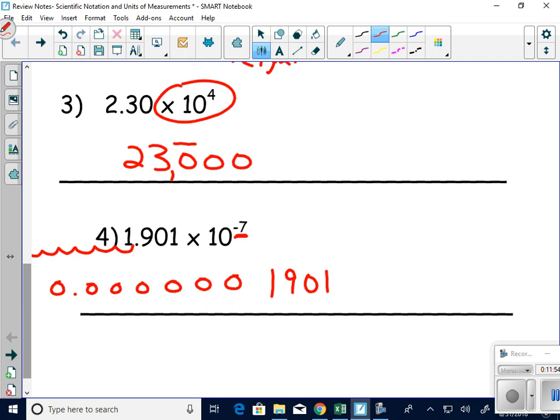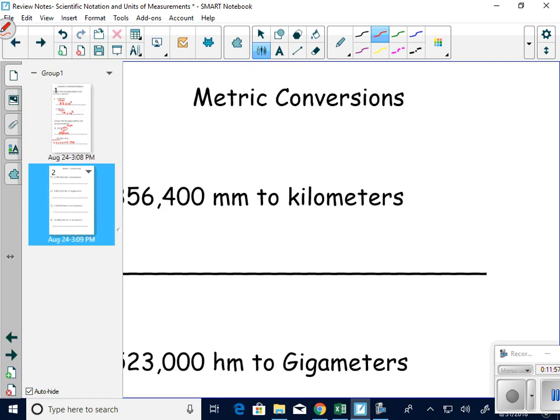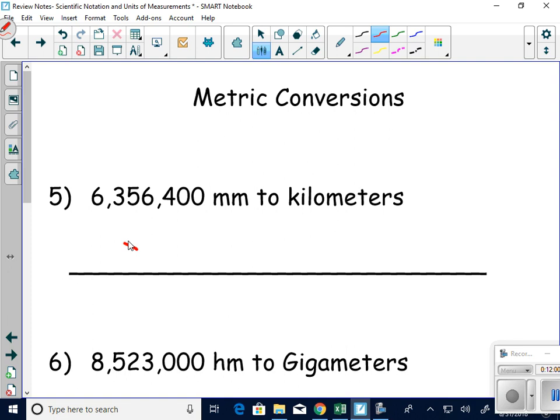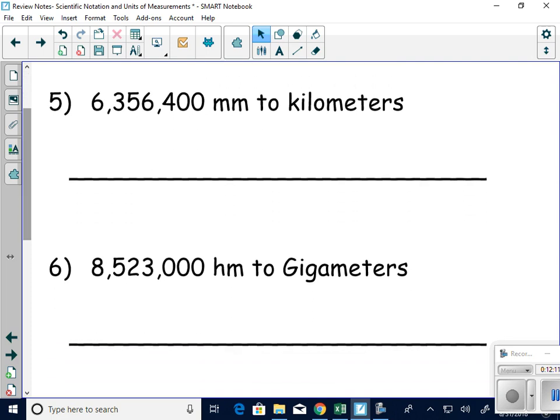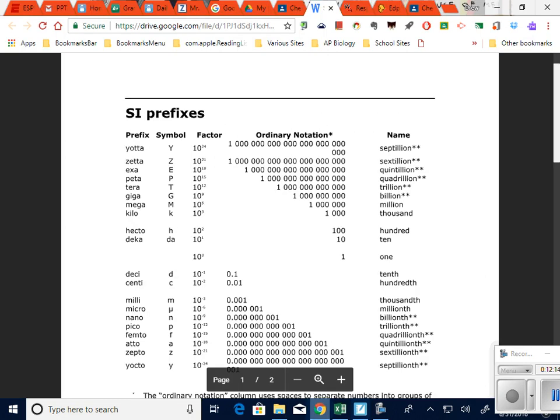All right. Now let's show some metric conversions. When I'm doing metric conversions, I'm going to use this guy right here, and all I need to know is how to read my chart.